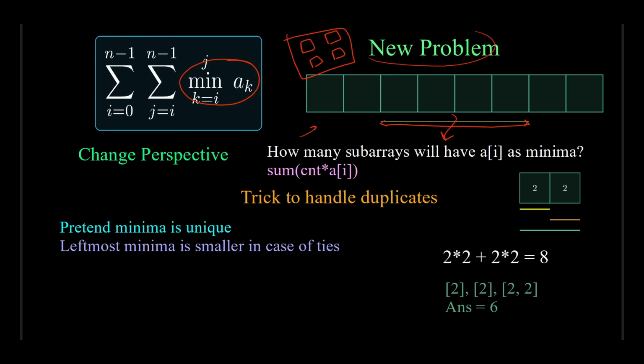To solve this, we have to change our perspective a little bit. Instead of going with the approach of fixing a left endpoint and finding out the answer for all the subarrays that start at I, we have to think out of the box.